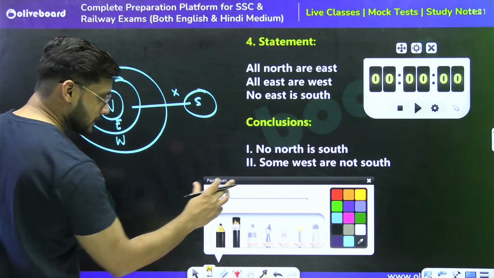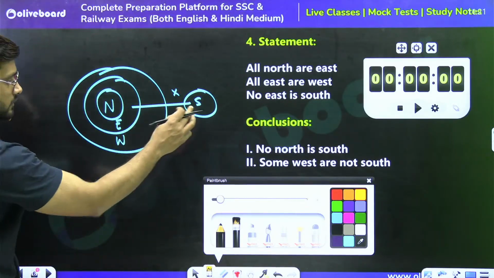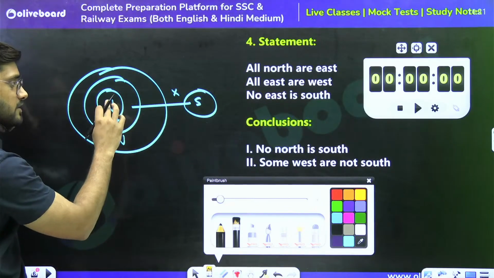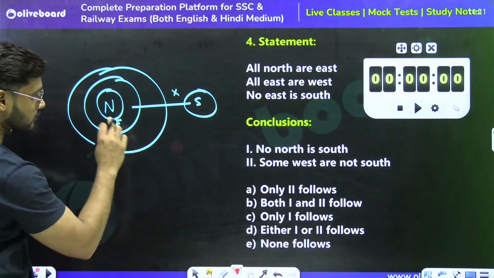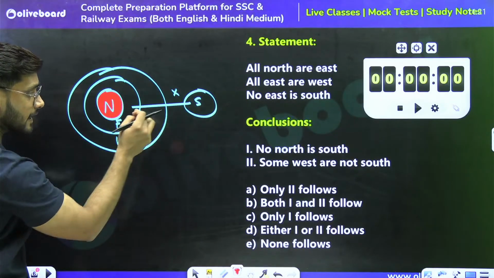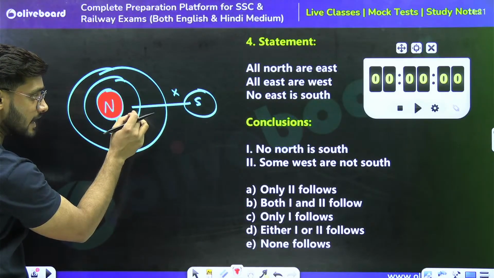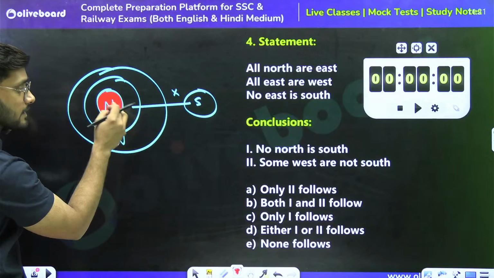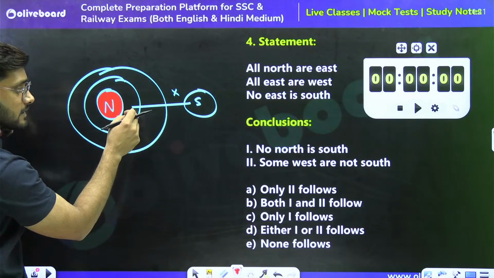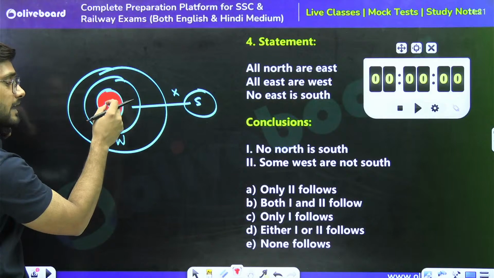I want to explain one thing to you. If south is not having any relation with east, so south will not have any relation with north, because this north is coming inside east. If south cannot make entry in the outside, then how can it make entry inside? If south cannot make entry with east, then how can south make entry with north?